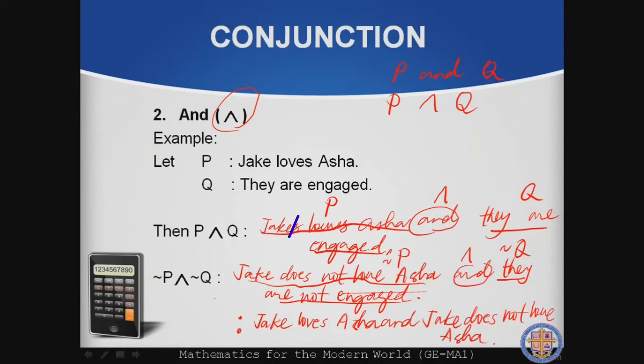So how are you going to change this into symbol? So the representation of Jake loves Asha is P. So just write P. Then the word "and," symbol inverted V. Then Jake does not love Asha is the negation of P. So write negation of P. So this is the final answer. P and not P.